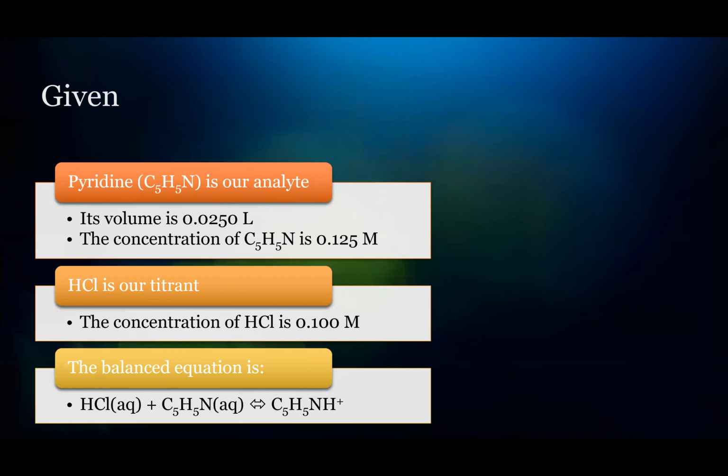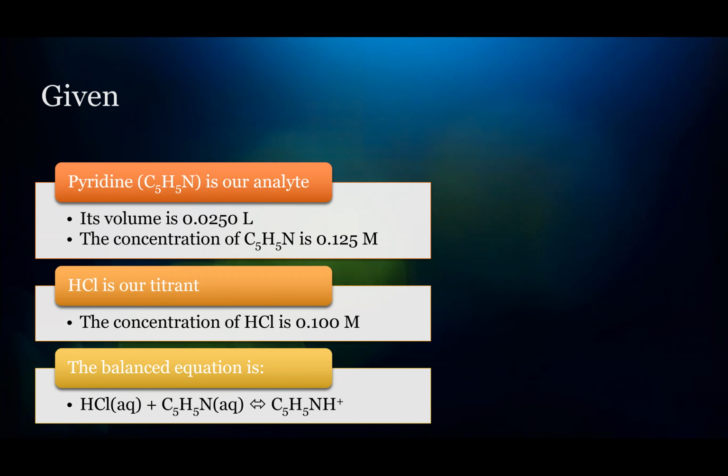What do we know? Well, we know that pyridine, our weak base, is our analyte, which means that it is in the flask. We know that its volume is 0.0250 liters. We know that the concentration of C5H5N is 0.125 molar.